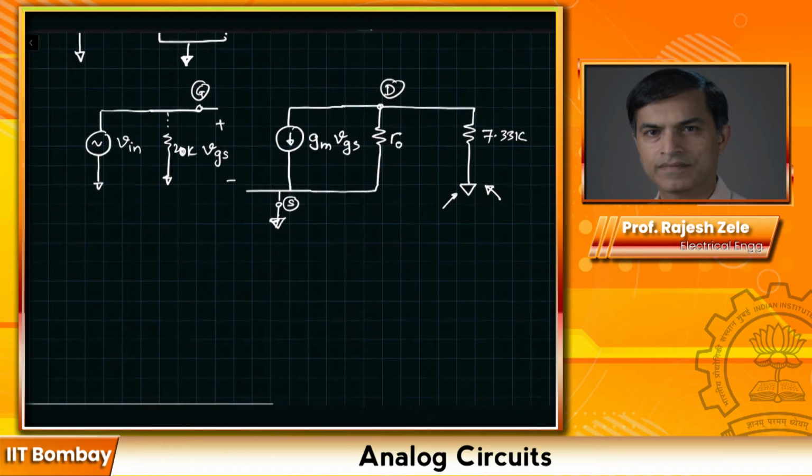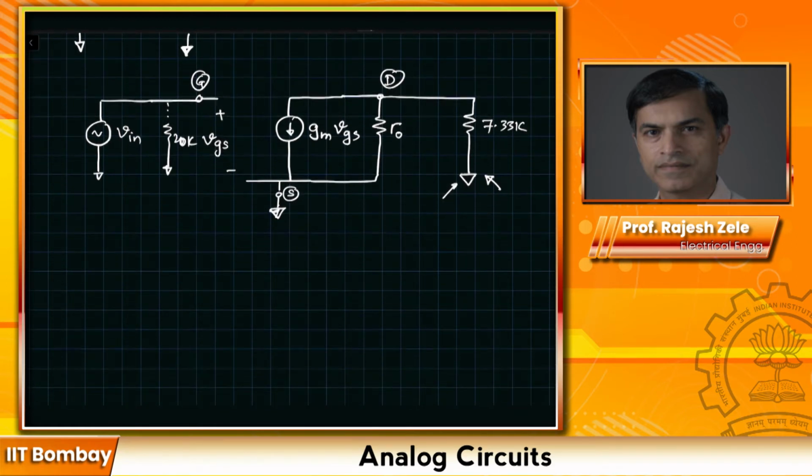Given this AC analysis representative circuit, now we need to figure out what is the value of GM and R out. Remember, GM and R out are small signal parameters, for example, transconductance and output resistance. However, their values are decided by the large signal operating point.